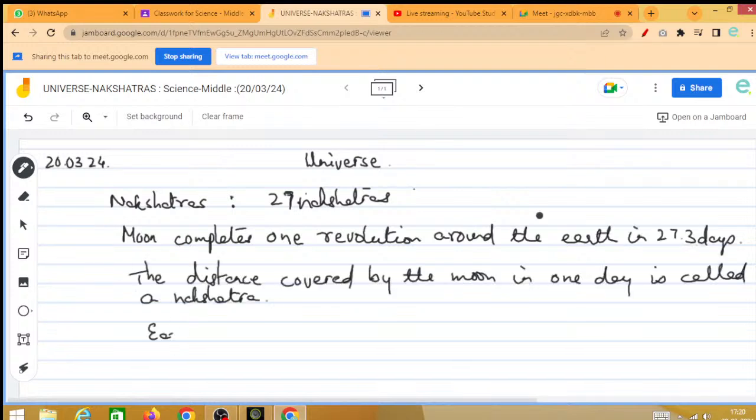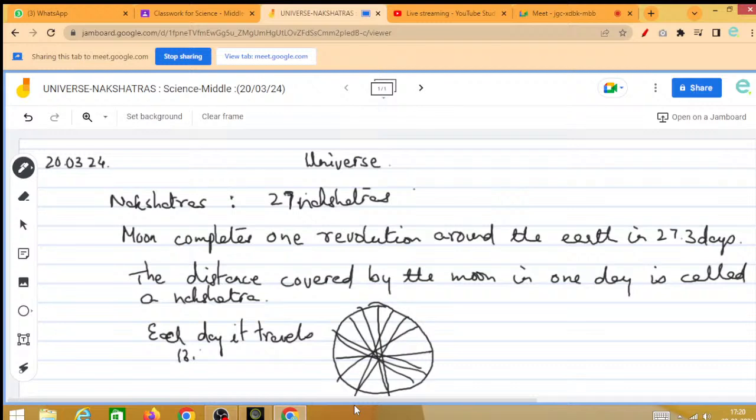So now if we divide the circle into 27 equal parts, each day it travels 13 point, how many degrees? 13 point?